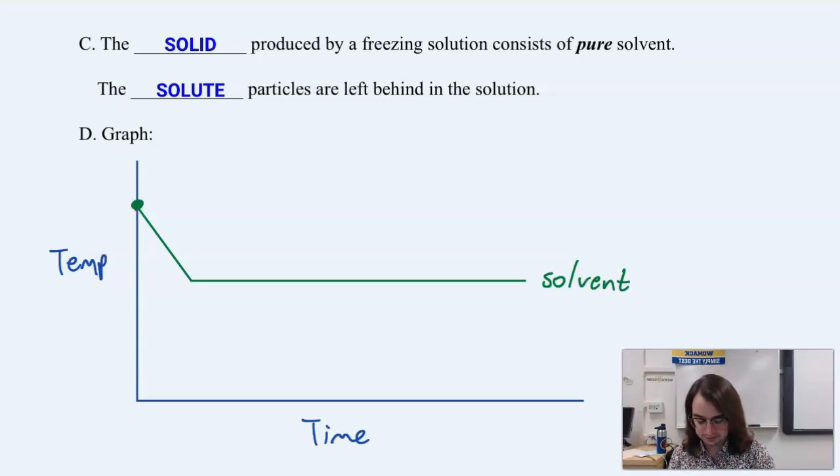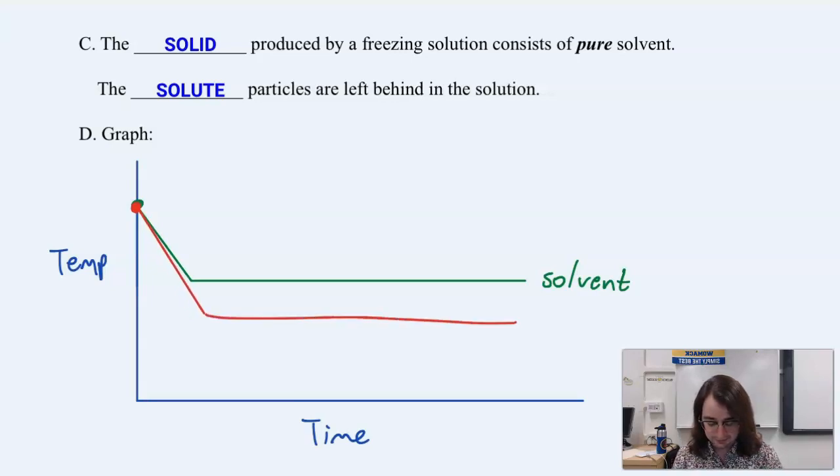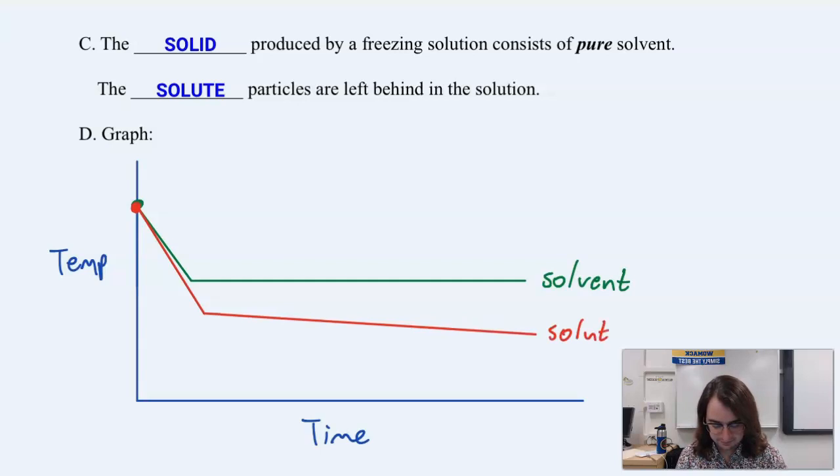But if we were to look at a graph, and I'm just going to separate them a little bit like that, just to make sure that we can see the different lines, we would notice that for something that has solute dissolved in it, this is our solution, we would have a lower freezing point and we would have a steady decrease in freezing point as we continue to freeze.